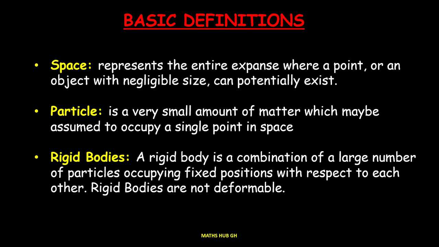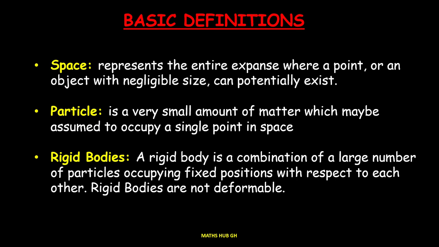Rigid bodies. A rigid body is a combination of a large number of particles occupying fixed positions with respect to each other. Rigid bodies are not deformable. Okay, so the reason why rigid bodies are not deformable is that the definition is telling us that the particles are occupying fixed positions, okay, with respect to what? Each other.